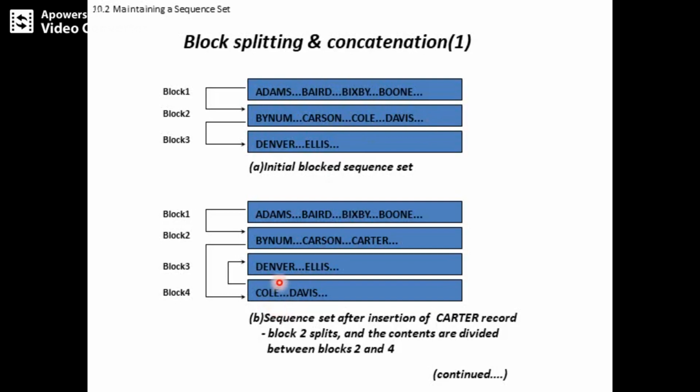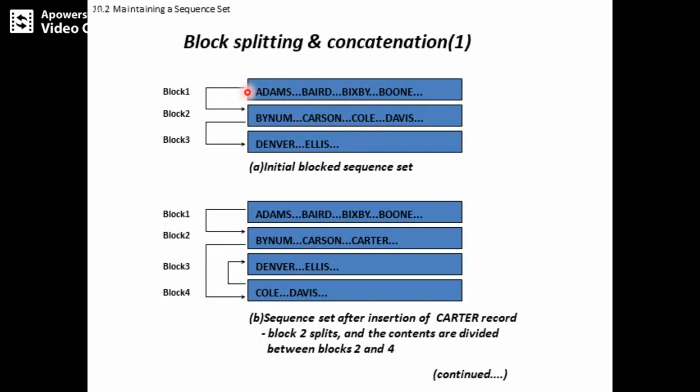So I have split it into two different blocks, and we can use it for indexed access. That is, if I say directly I want Cole's record or Davis's record, directly you can navigate to that particular position and access the data. And also it is in sequential order.